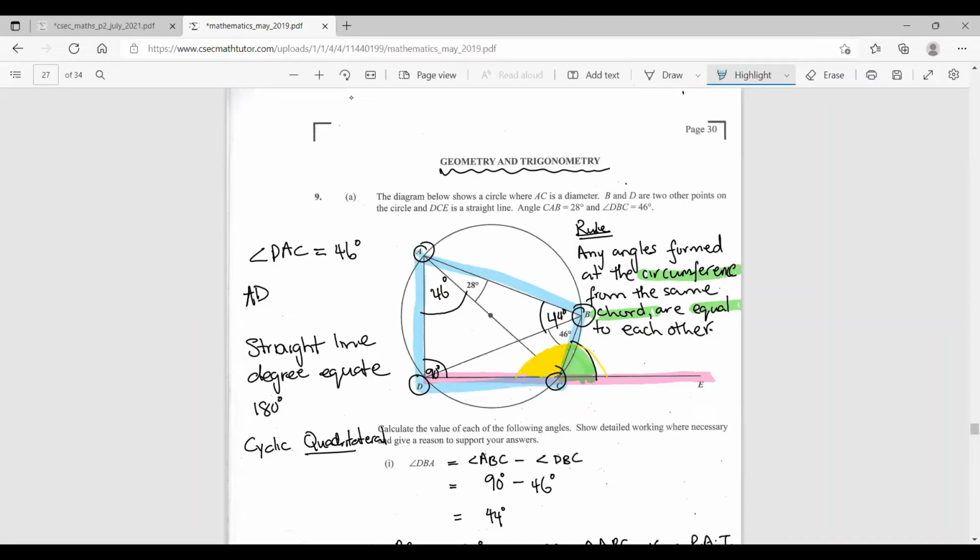But it becomes a cyclic quadrilateral when the 4 corners of the quadrilateral are on the circumference. So I could have a circle looking like this, and I have a center, and I have a quadrilateral looking like this. Is this a cyclic quadrilateral? No, it isn't, but it is a quadrilateral. It's not cyclic because this stopped in the middle. If it had gone all the way up, now this here is a cyclic quadrilateral. Everybody with me?